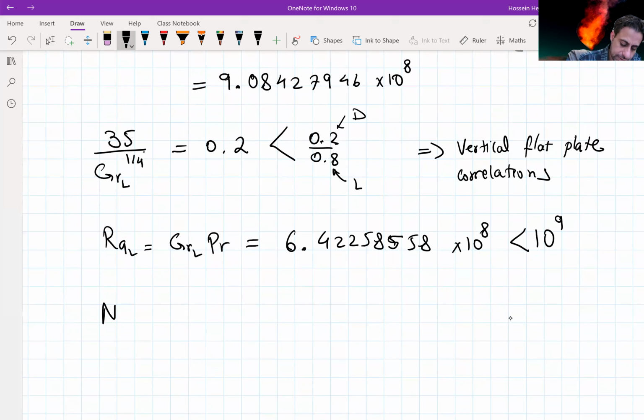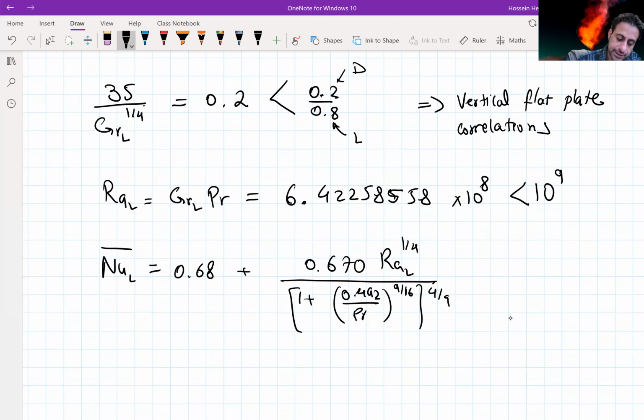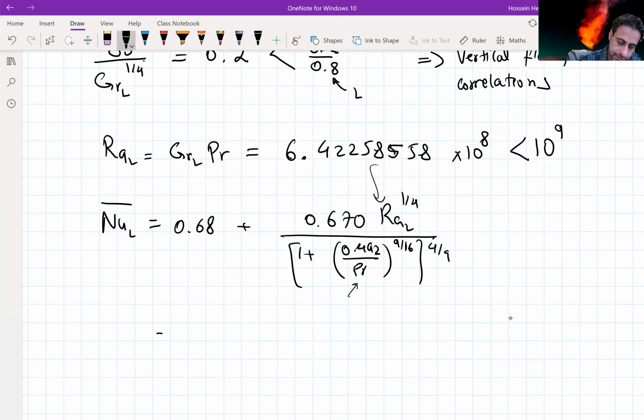So I'm going to use the Nusselt number for laminar flow from the Churchill and Chu correlation, which is 0.68 plus 0.670 Rayleigh L to the 1/4 divided by 1 plus 0.492 over Prandtl to the power of 9/16, all to the 4/9. So if I replace the Rayleigh number that I got here and the Prandtl number, we know the numbers, then the Nusselt number is going to be 82.5.